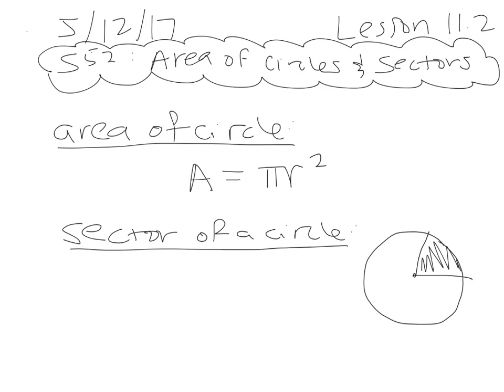And so if we were in class, I would ask you to take a second and try and brainstorm how we'll define that, because we can't just say a portion of it, because if I were to draw a random chord in and shade, it would not count as being defined as a sector. So specifically, it is a portion of the circle that uses two radii as its what we call bounds.